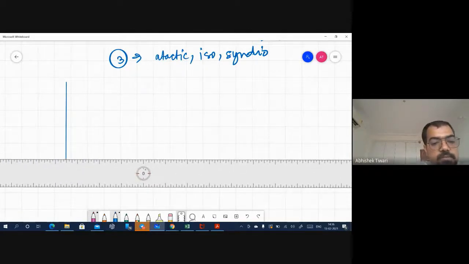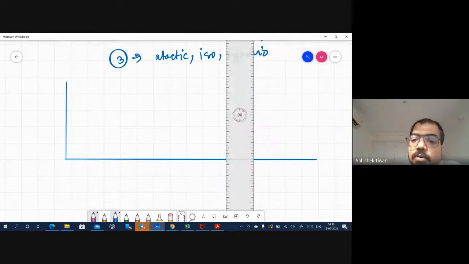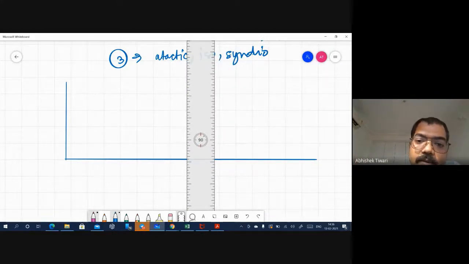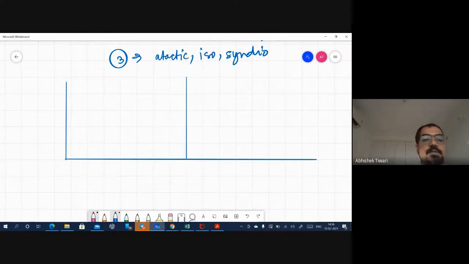Then I will be drawing the polymer also on the same graph. Okay, so this is stress and this is strain, and let me choose green for polymer, stress and strain.